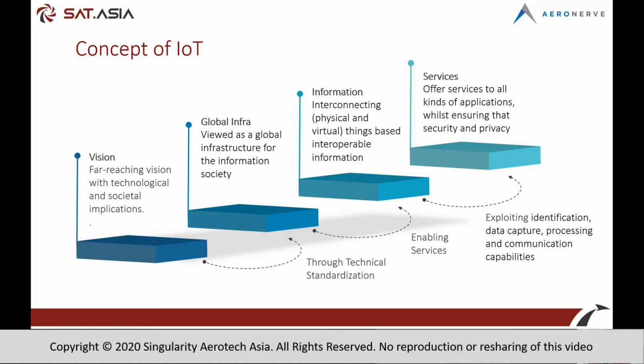Okay, and this is where you exploit the data capture process, the communication capture, the identification of objects, and then offer all this as a service in the kind of application where you can view something like a report, or something like an active action or active recommendation. Okay, that is basically the concept of IoT, and why people use IoT.